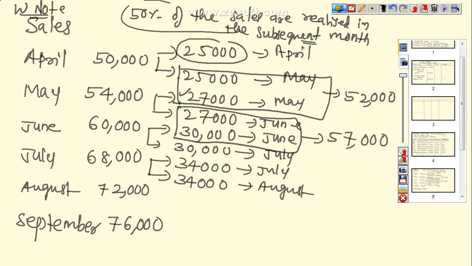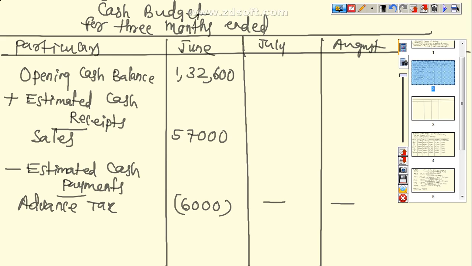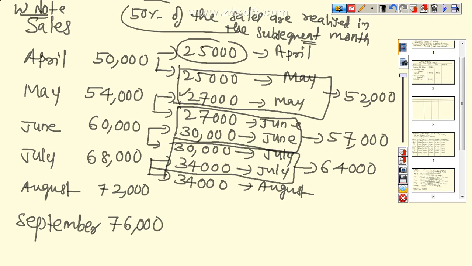So how much do we receive in the month of July? Previous month 30,000 plus 34,000, that is equal to 64,000. So we write it in this table, 64,000. And for next month 72,000, half of 72,000 is equal to 36,000. Here it is 50% in the next month, that is 36,000.